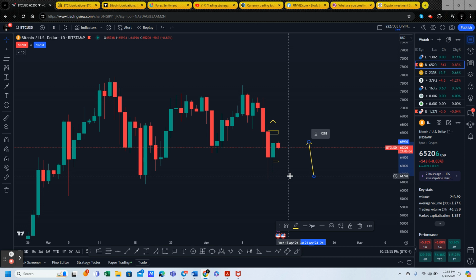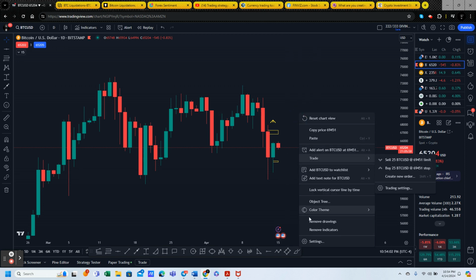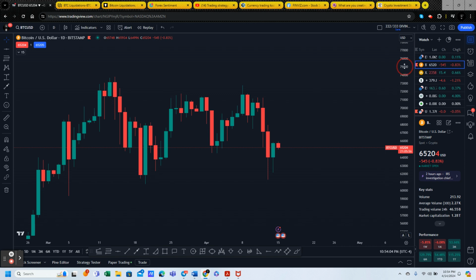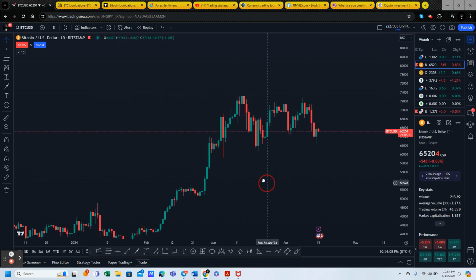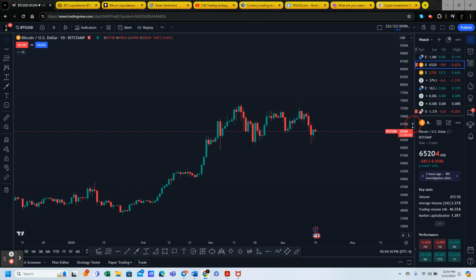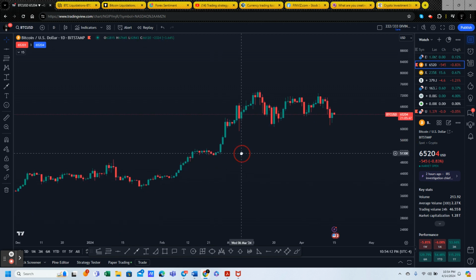And then, don't get too careless. We can see a dead cat bounce. That can occur in these markets.